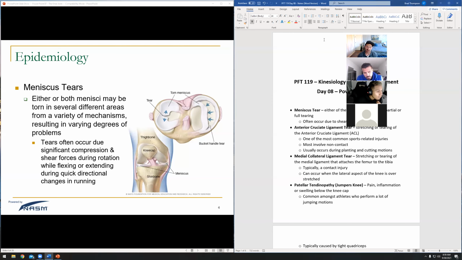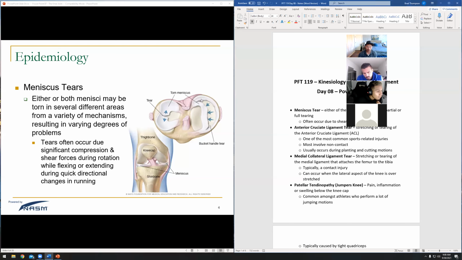So meniscus tears oftentimes occur during rotational movements while quickly trying to change directions. You'll see people sprinting and then they stop and try to sprint the other way. They plant really hard into the ground, and then as they try to twist, the femur comes down and pushes harder into the tibia and it gets compressed, and then that twisting action happens.